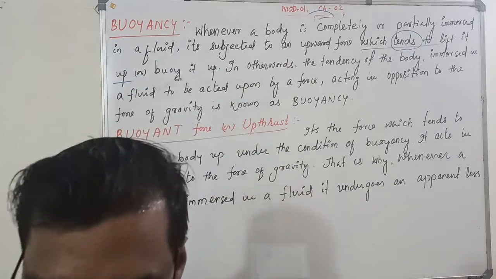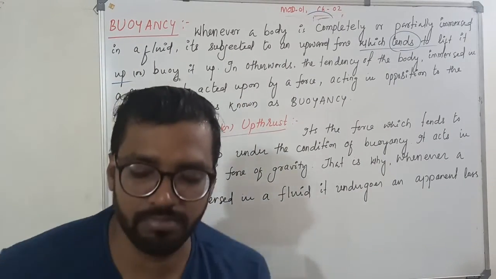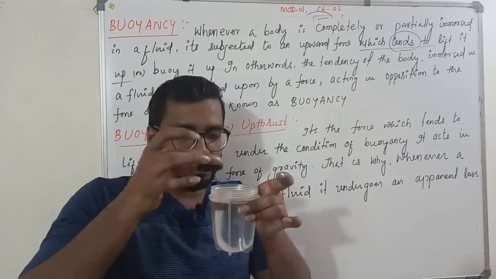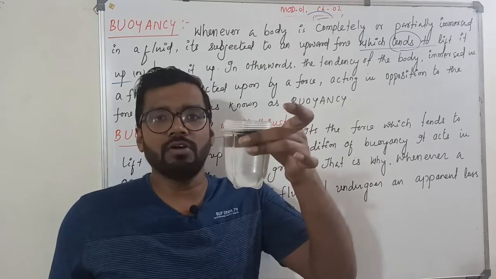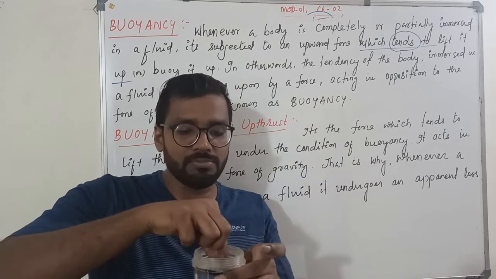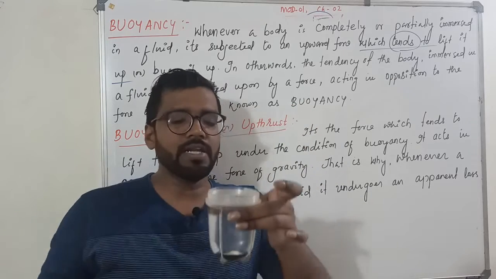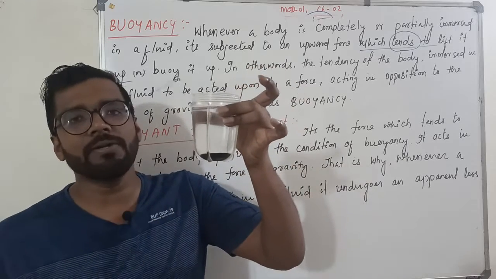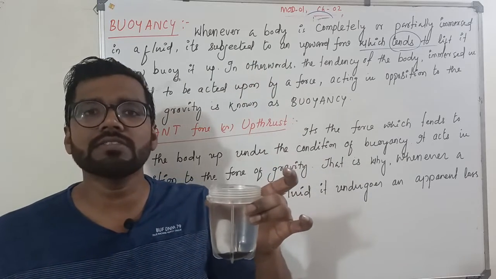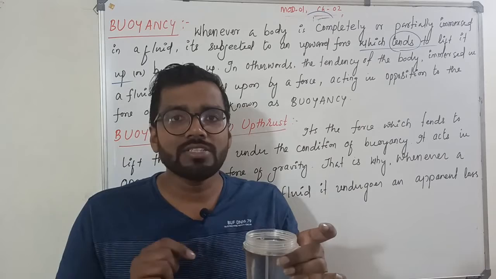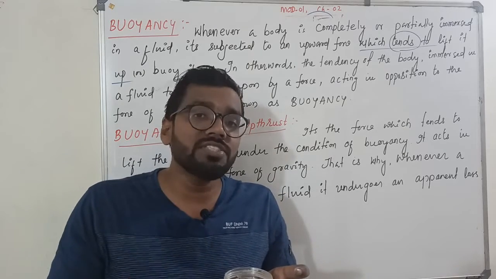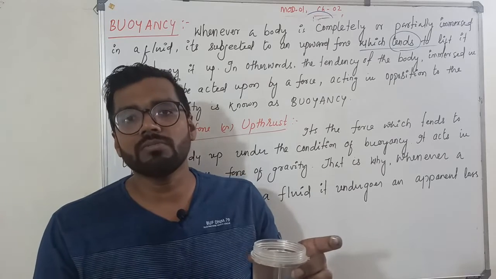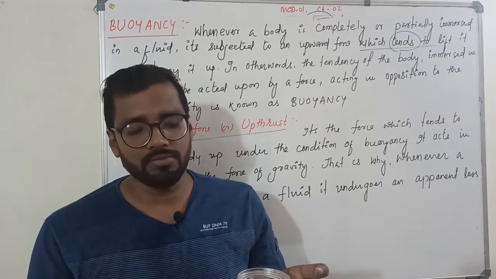See, I'll give you one more example where it won't lift up. See, this one is there, right? Now what happened? The volume is more, the displaced volume is more. What if I keep it like this? What happened? Sir, it sinks. It came down. So that means here the buoyancy force was not sufficient to overcome the weight of the object.